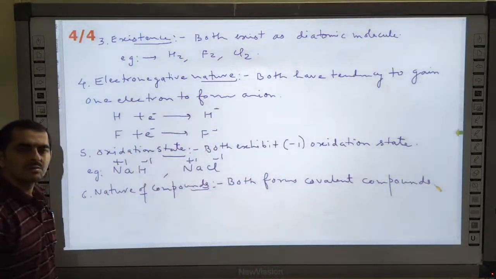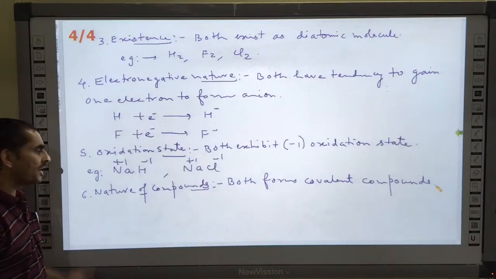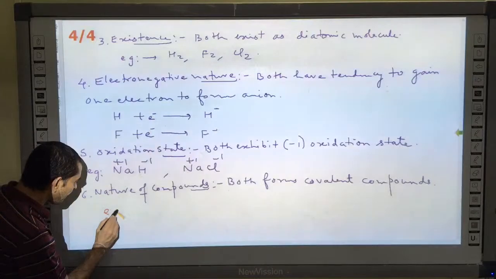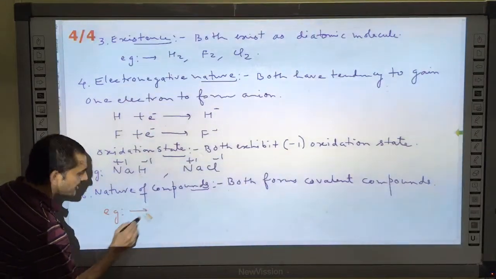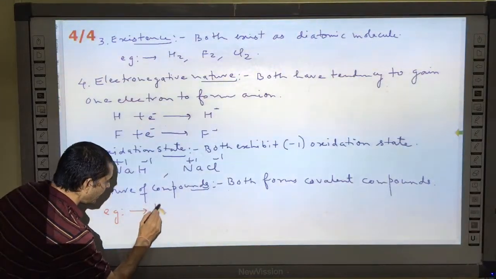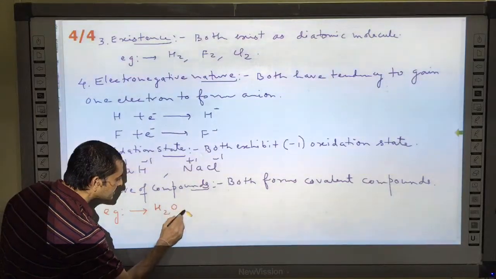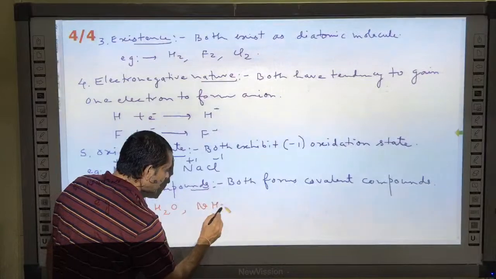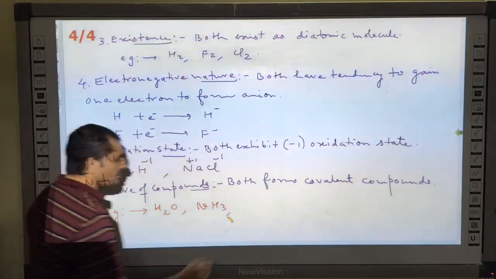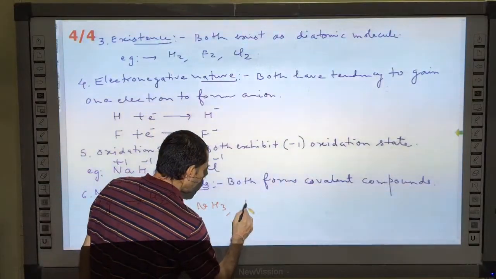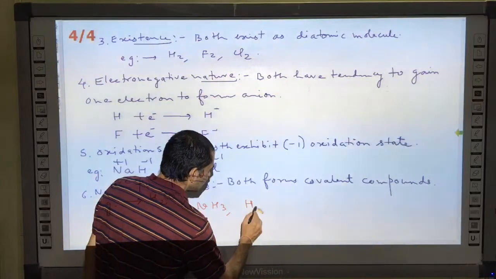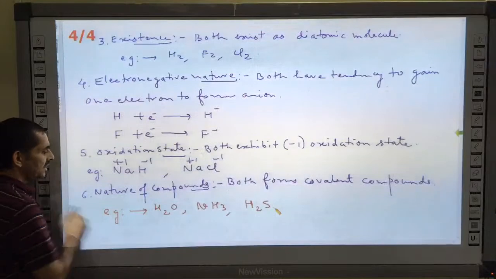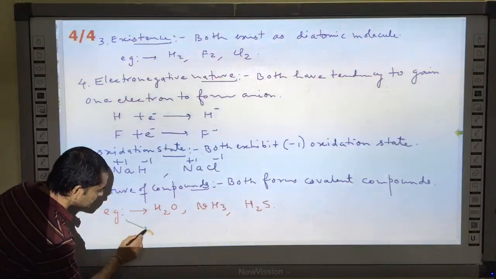Clear? Can you give an example of a covalent compound of hydrogen? I am writing H2O. This is a covalent compound. NH3, it is a covalent compound. H2S, covalent compound.